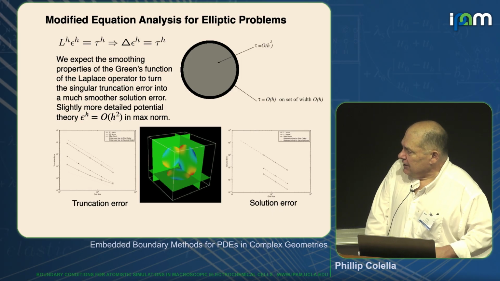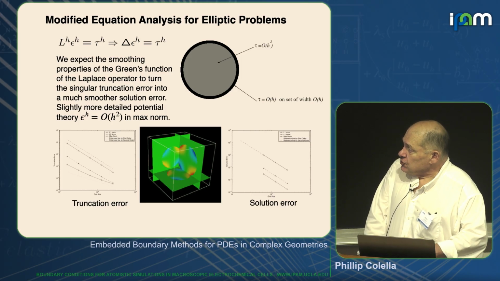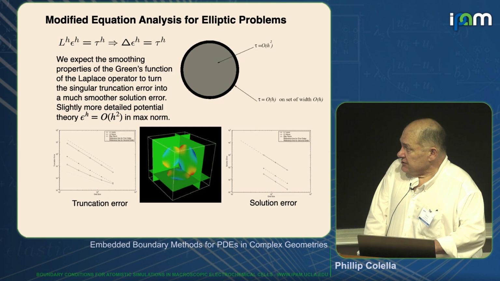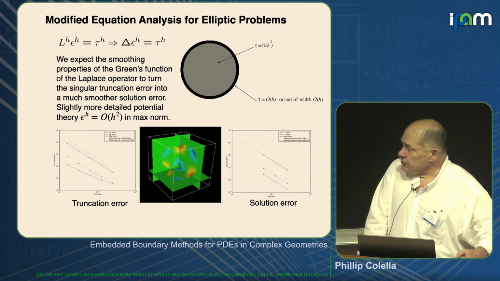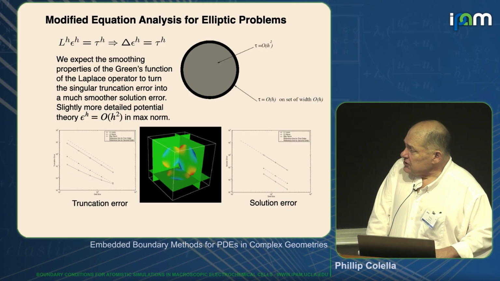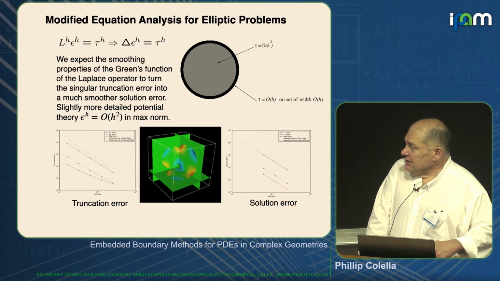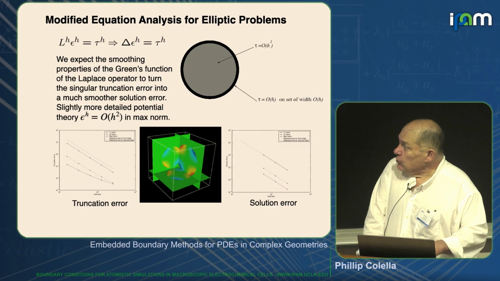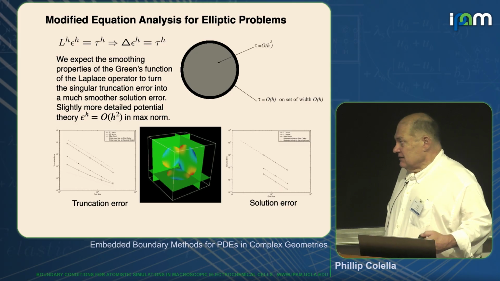So here we're solving, say, Poisson in a disk, and we have a truncation error that's order h near the boundary of the disk, because that's what we're representing as cut cells, as embedded boundaries, and in the interior it's order h squared. So modified equation says my error looks like the solution to Poisson's equation with tau being the right-hand side.